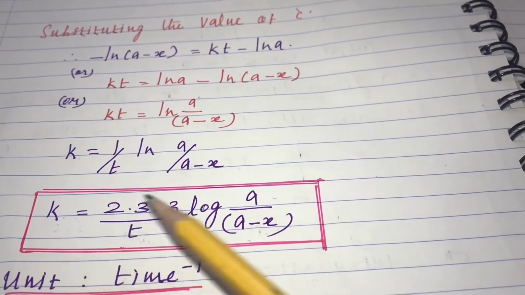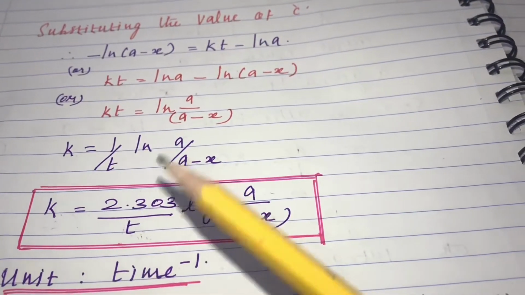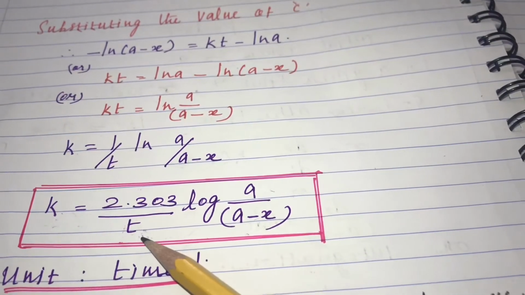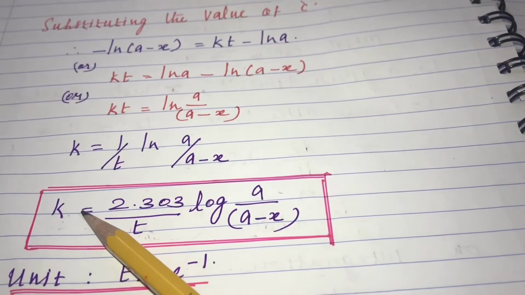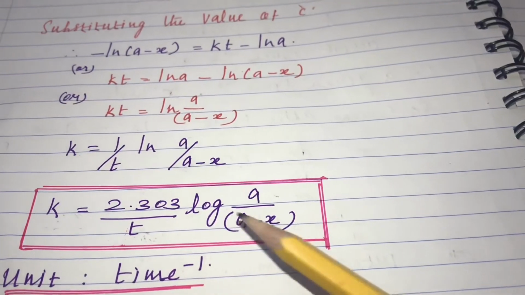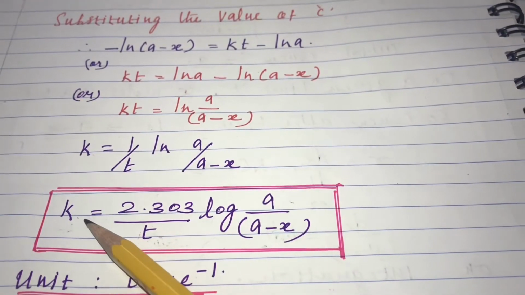By using this equation, the K value at any time can be calculated. For example, for t equal to 10 minutes, the concentration at 10 minutes can be substituted here, and the rate constant at 10 minutes can be calculated. At 20 minutes, the concentration at 20 minutes can be substituted, and the rate constant at 20 minutes can be calculated.